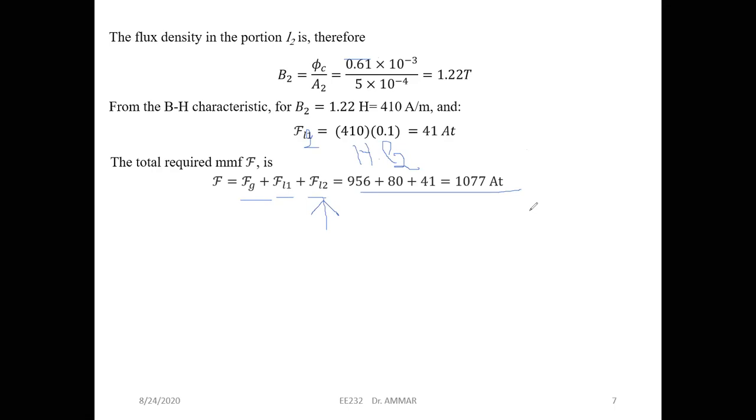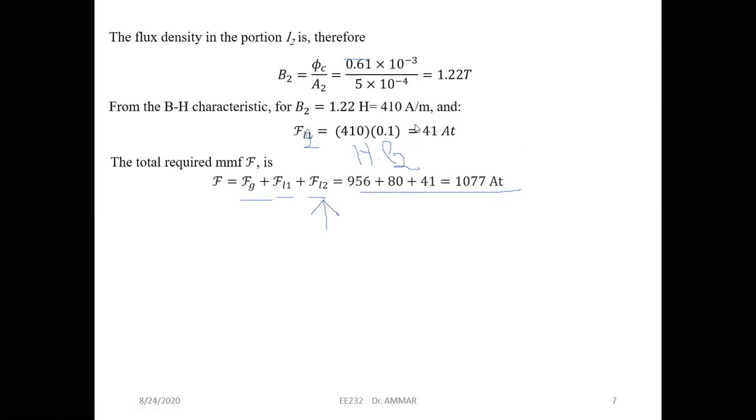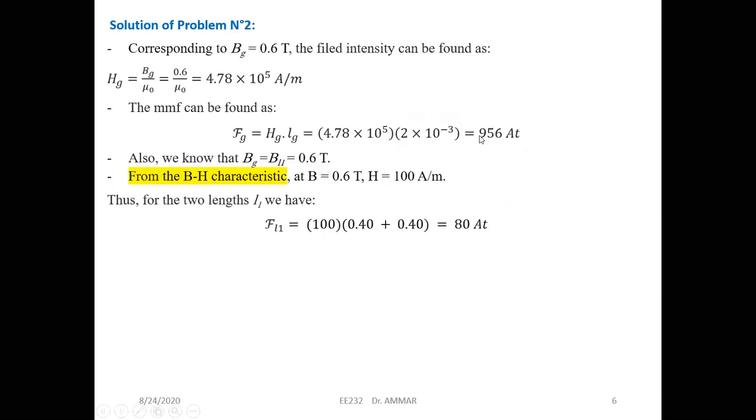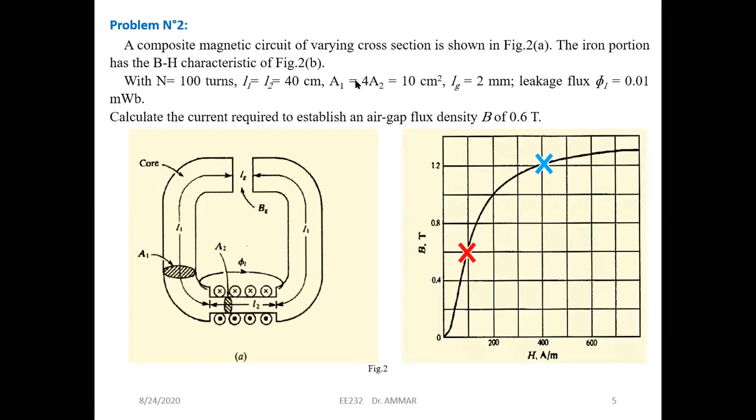After finding the total MMF, we can of course find the current, which is F over N. L 0.1 is given in the data, I guess. I didn't mention it, but sorry, L1 is for L2.